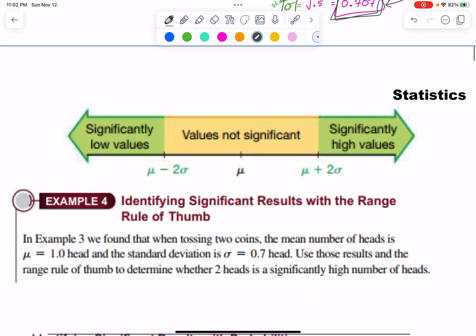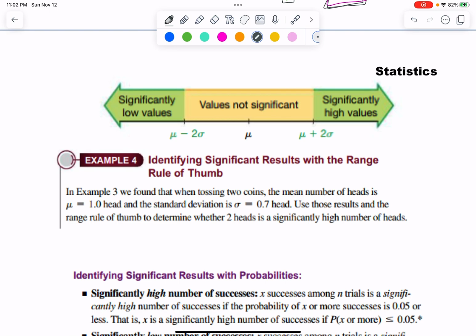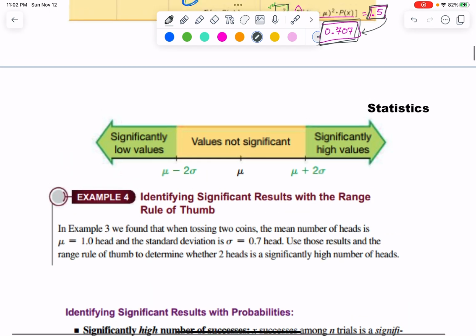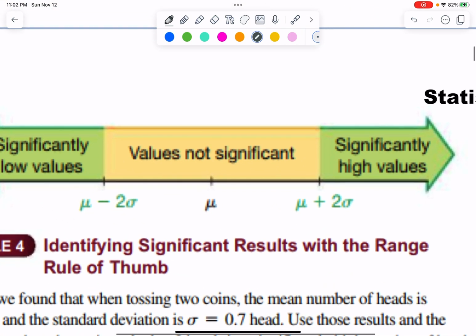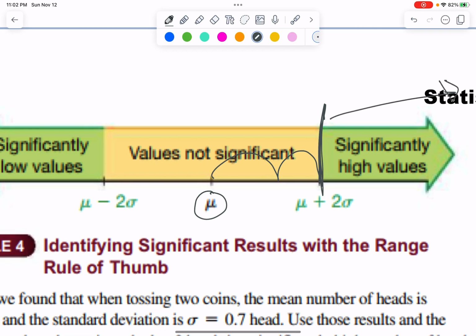All right, now we're going to talk about in the next example what's considered to be significant and not significant. I know we've talked about this before. When you have your average, if you add the standard deviation twice, that's the cutoff mark for what's considered significantly high. If you subtract it twice, the cutoff mark for significantly low is 2 standard deviations lower, right?